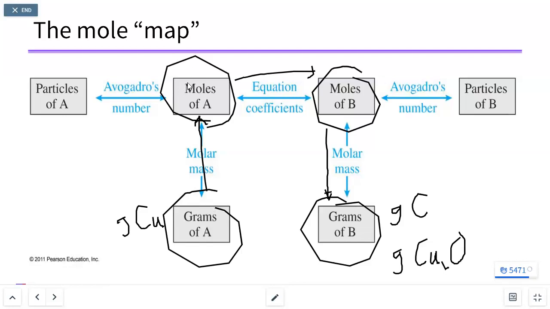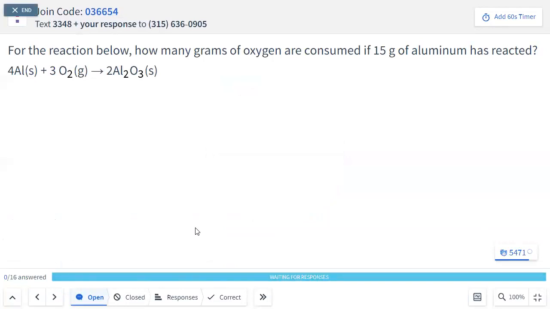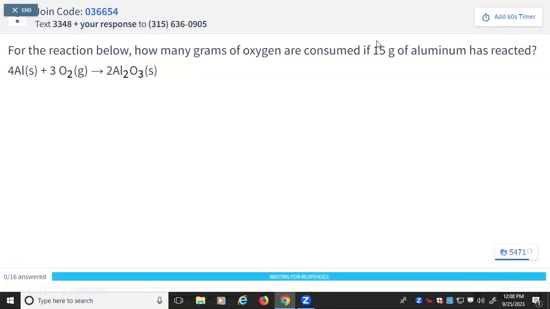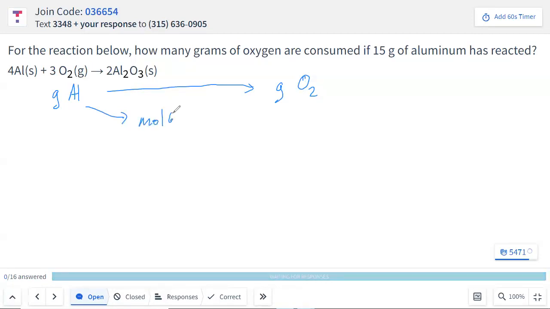Grams of one to moles, use the balanced equation to convert the moles of one substance to another, use the molar mass to go the rest of the way. So we're looking for 3 conversion steps here.